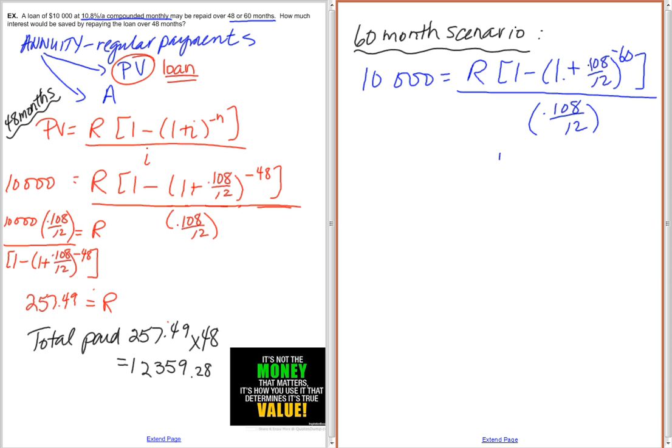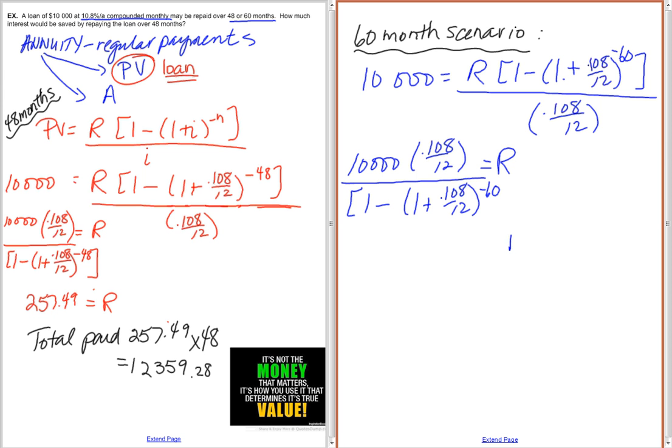Same idea. To isolate R, multiply both sides by i, and divide both sides by the nasty square bracket. R is $216.43 a month. Now that's less, but you're going to be paying it for longer.